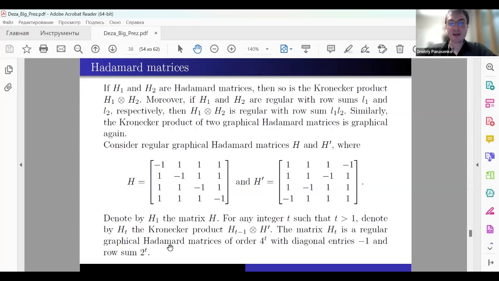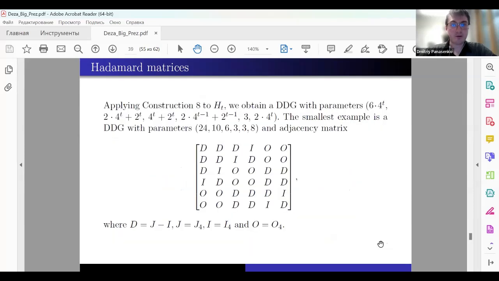This matrix is a regular graphical Hadamard matrix of order 4 to the power t, with diagonal entries minus 1 and row sum 2 to the power t. So basically, this matrix Ht is exactly the matrix we need for the construction that I described before.